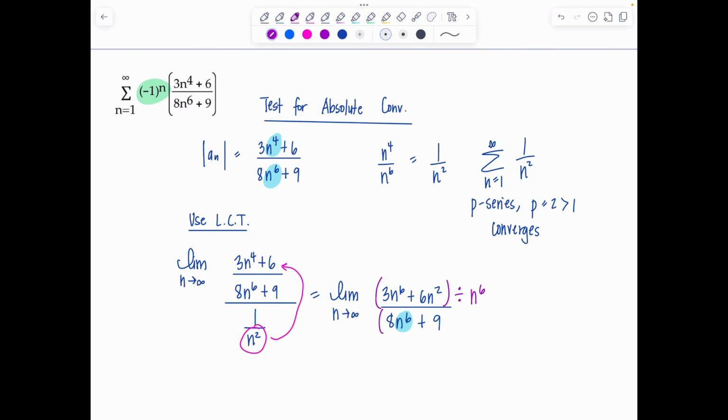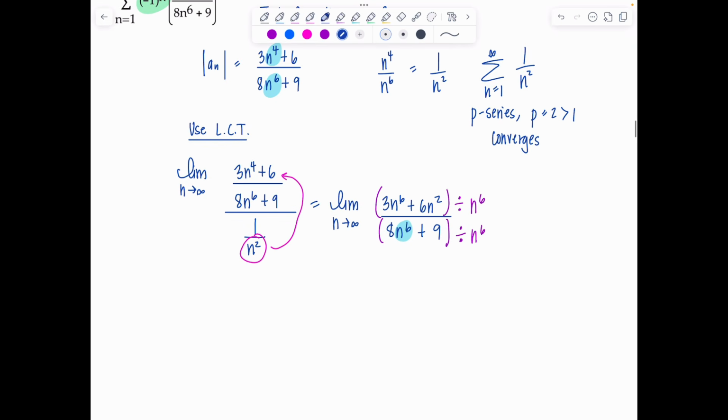So let me divide everybody by n to the sixth. So let's see here. What do we have? Limit as n goes to infinity, (3 + 6/n^4)/(8 + 9/n^6), yes? Okay, this goes to 0, this goes to 0, and I'm left with 3/8.